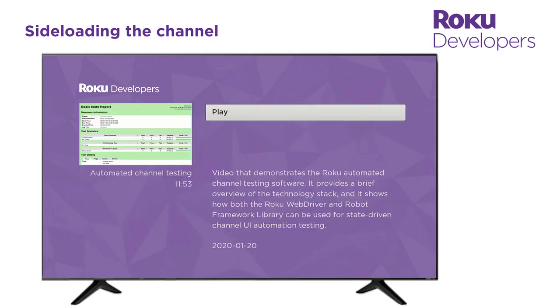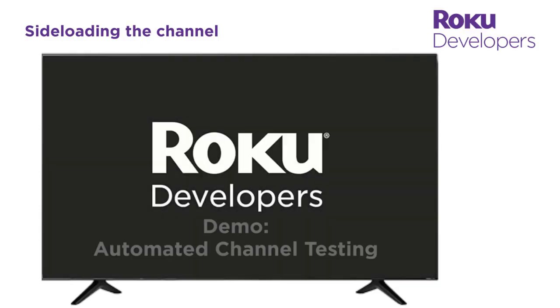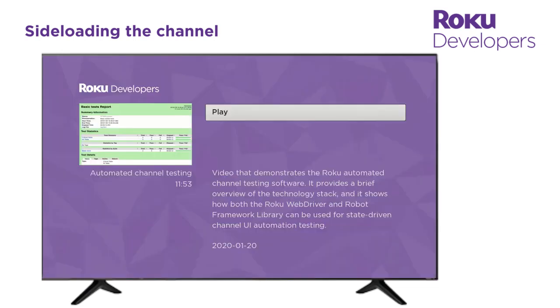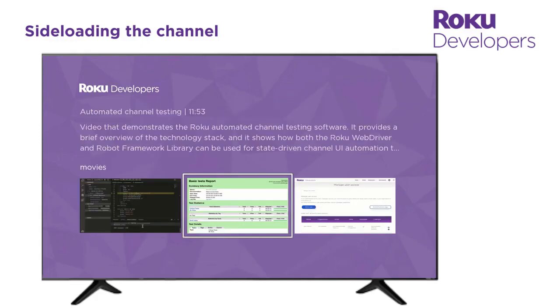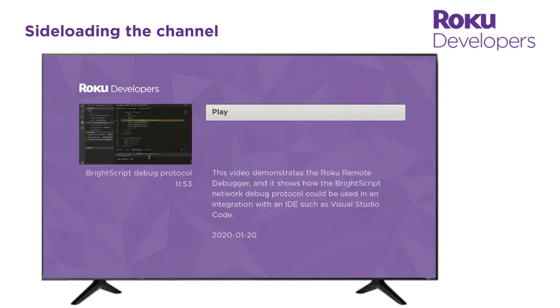The play button has the focus. When we press play, the video screen opens and playback begins. When we press back on the Roku remote control, the video screen is closed and the detail screen opens. If we go back, the grid screen opens and the last video played in the playlist has focus. And then if I select a different item, the detail screen is updated with that item.